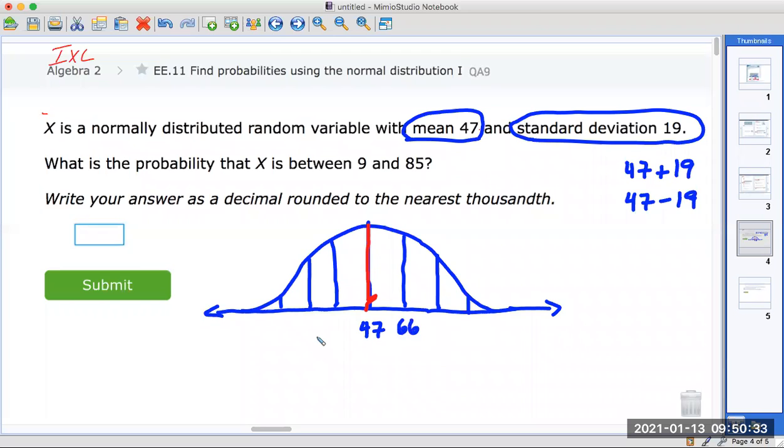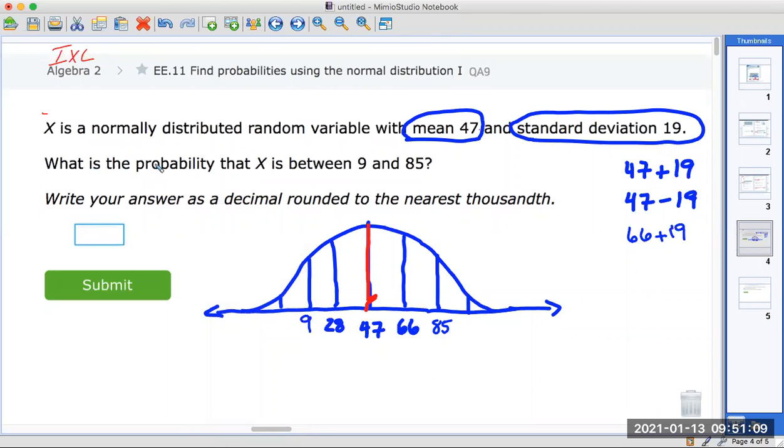And 47 minus 19, and we're going down to 28. And then I'm going to go up another 19. So 66 plus 19 is 85. 28 minus 19 is 9. And I'm going to stop here because I already see that I'm covering the numbers they want me to check.